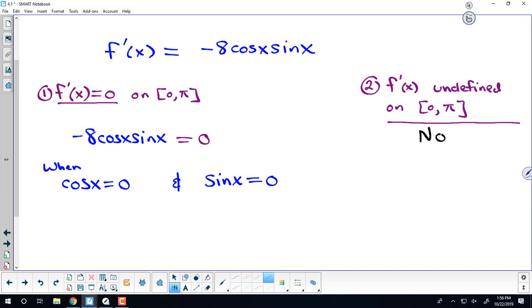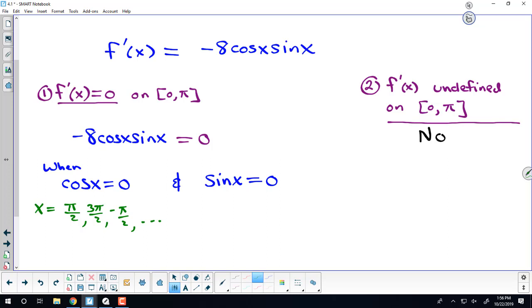Cosine x is 0 when x is pi over 2, negative pi over 2, 3 pi over 2. You can write all of these down, but you really need to think about the interval on which the function was defined.